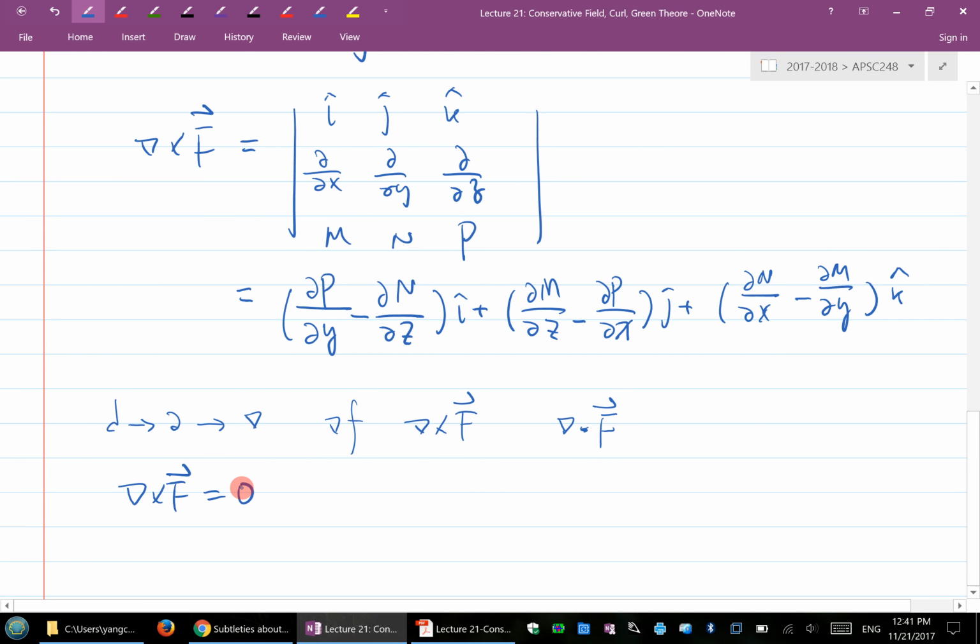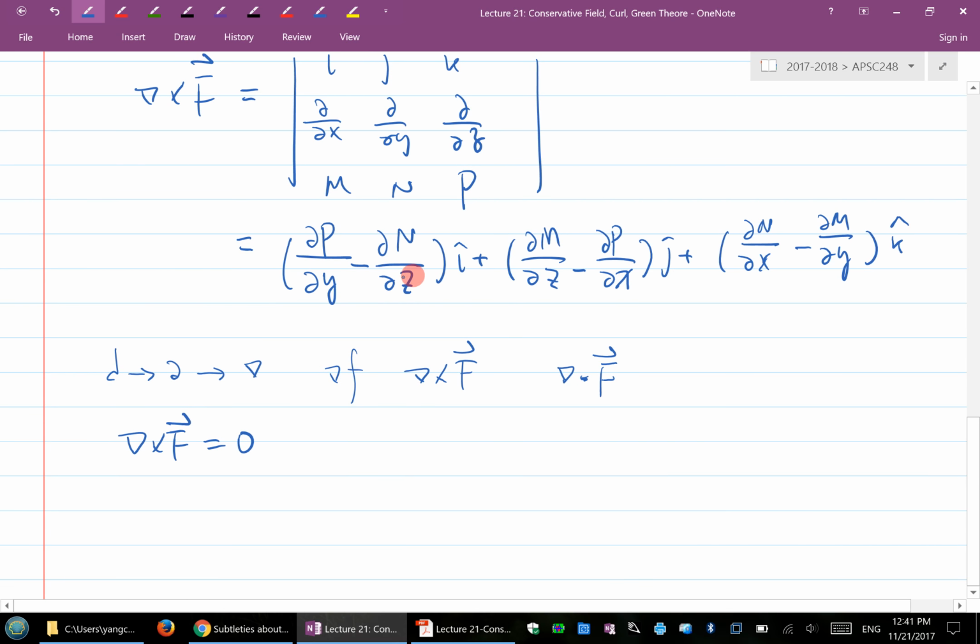If this is 0, each one of the components will be 0. So you end up with partial p over partial y equals partial n over partial z, and partial m over partial z equals partial p over partial x, and then the last one is this.